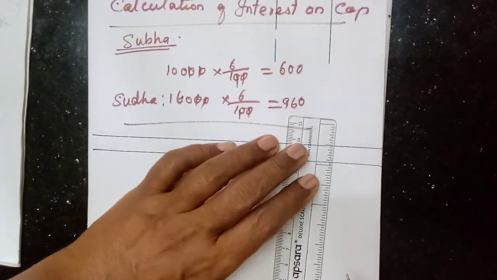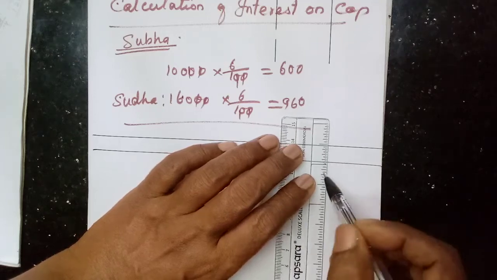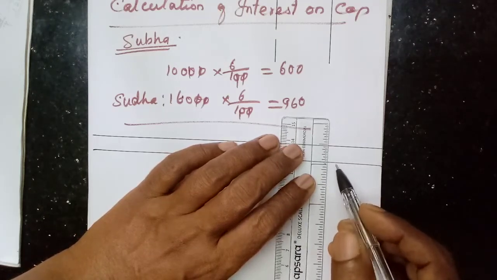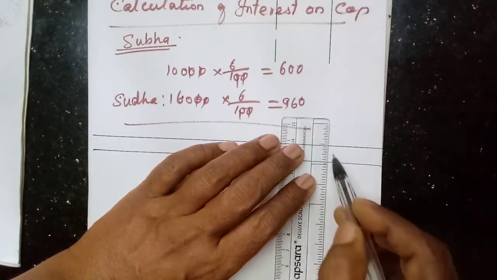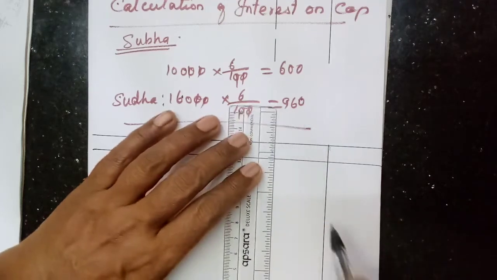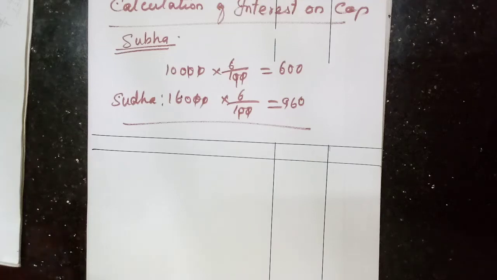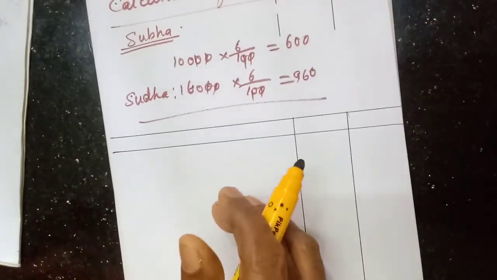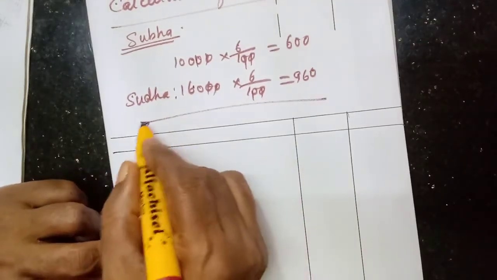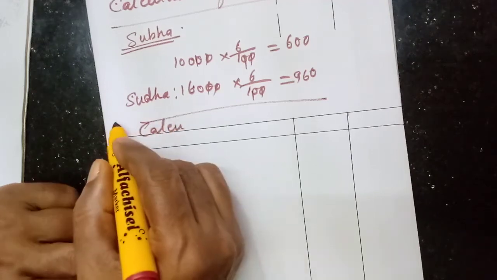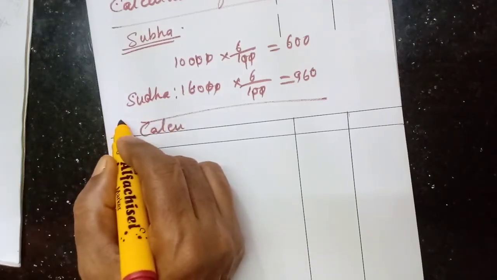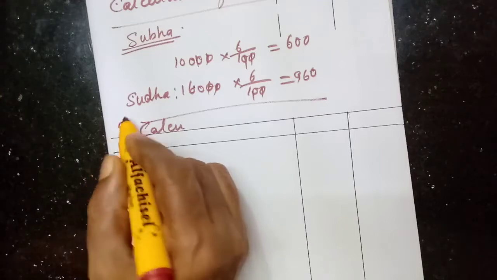Two partners. Okay, so 2 columns. Same thing you have to write. Calculation of, what is the number? 9, isn't it?